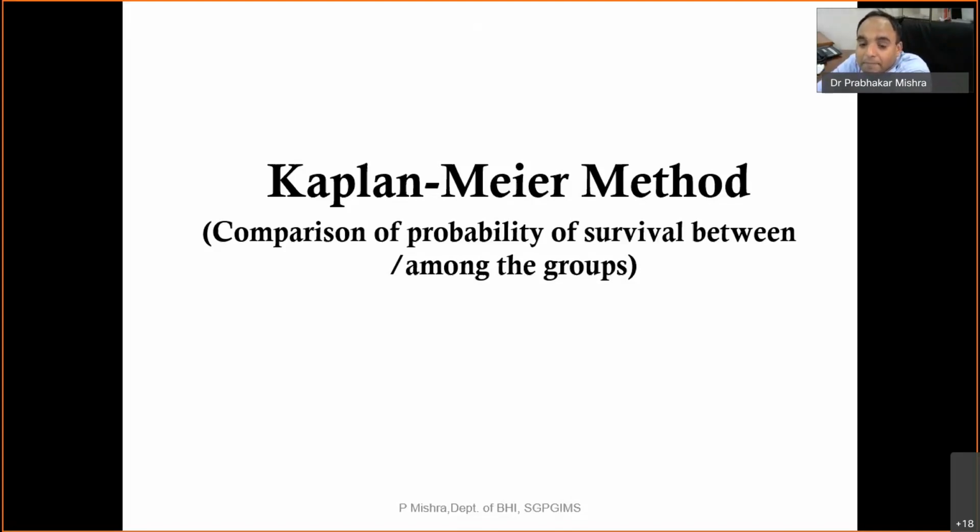Then, by a statistical method, the log rank test or the Breslow method, either one, we calculate the p-value. By using the p-value, we are able to say whether the survival times of the patients are statistically the same or different between the groups.